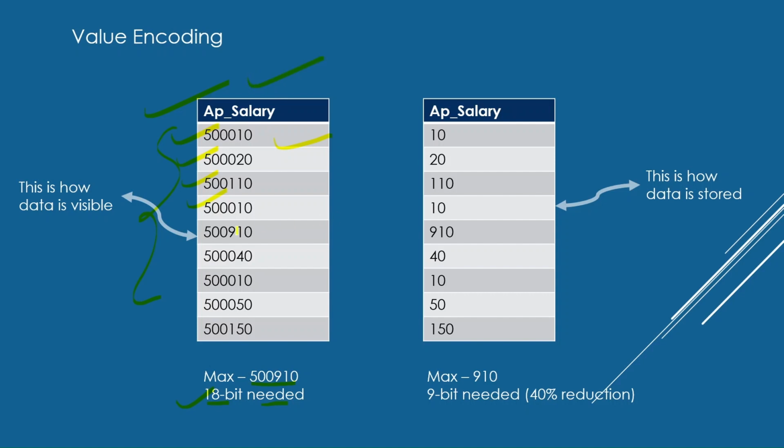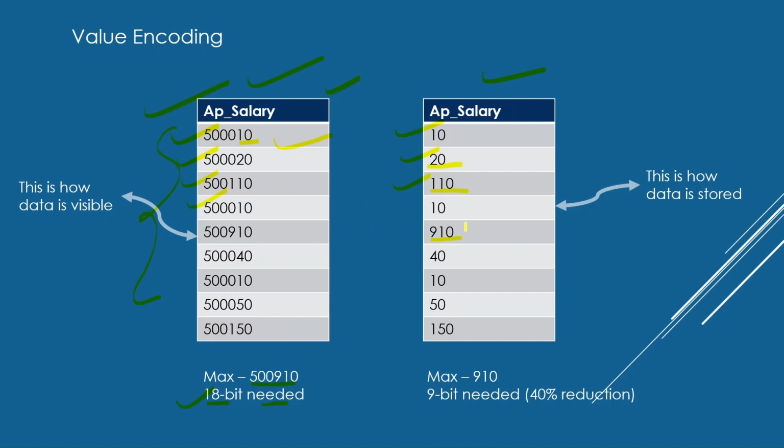But with the help of value encoding, it will store the value like this. It will create a relationship between this value and this value. For instance, it will take three values only. So this value will be stored like this, this value will be stored like this, this value is going to be stored like this, and this value is going to be stored like this.